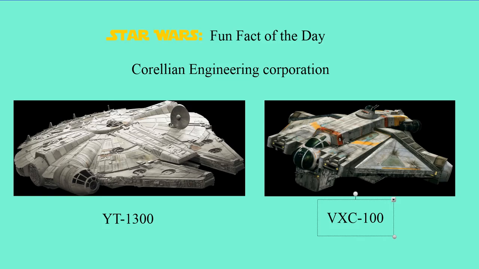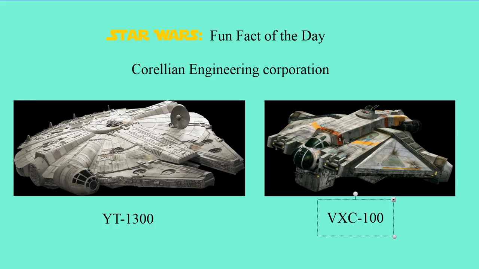I know that's long, but here's Star Wars fun fact of the day. You've been waiting for it. The Corellian Engineering Corporation is a Star Wars spaceship manufacturing company that is based on Corellia, which is a planet that is inhabited by humans.